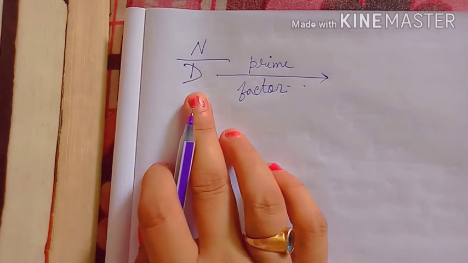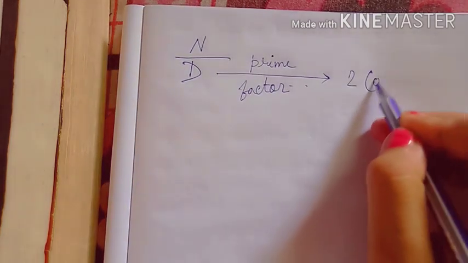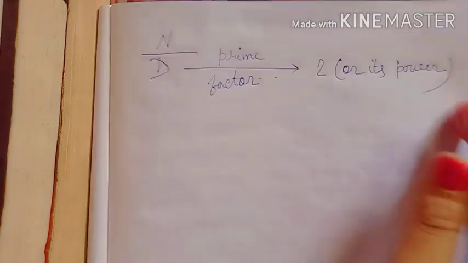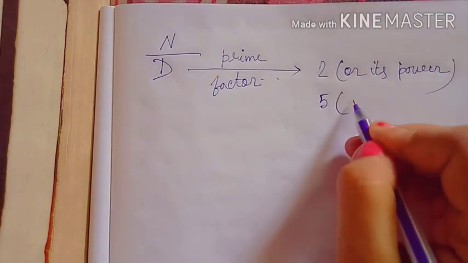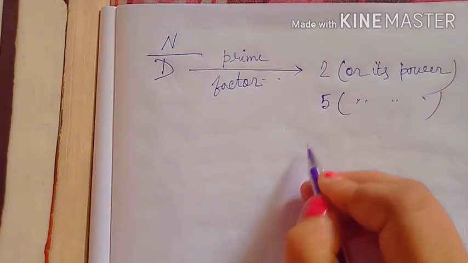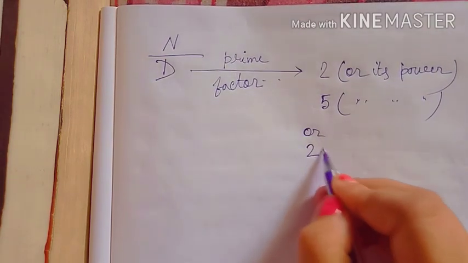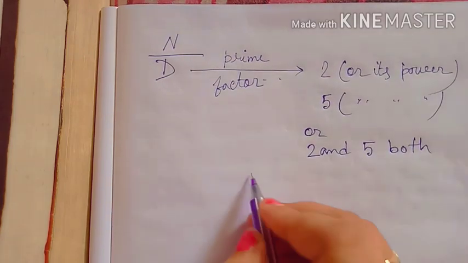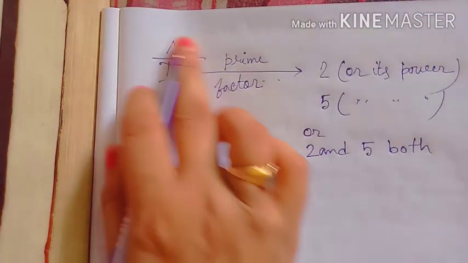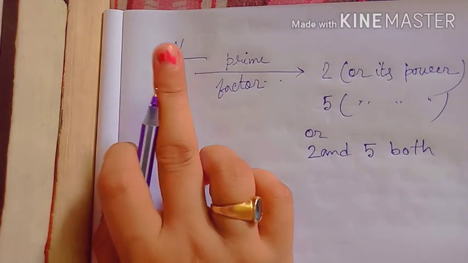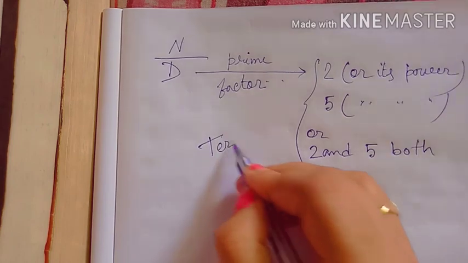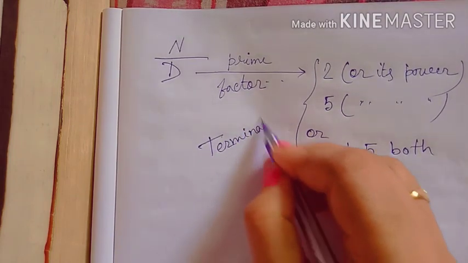If the denominator of a rational number contains 2 or its power, or 5 or its power, or 2 and 5 both, then we can say that the rational number must be a terminating decimal.